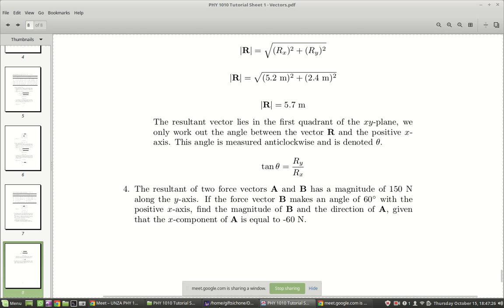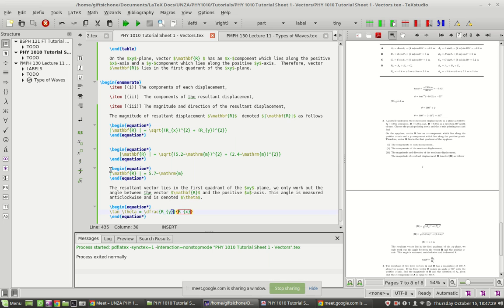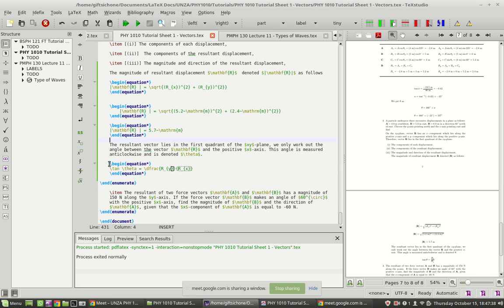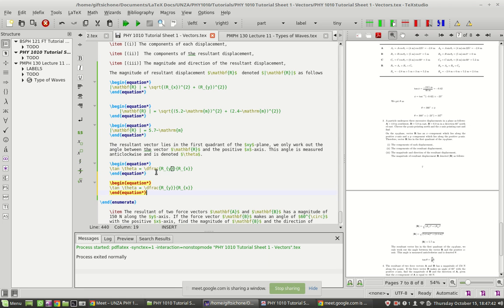So how much is our Ry? 2.4. And how much is our Rx? 5.2.